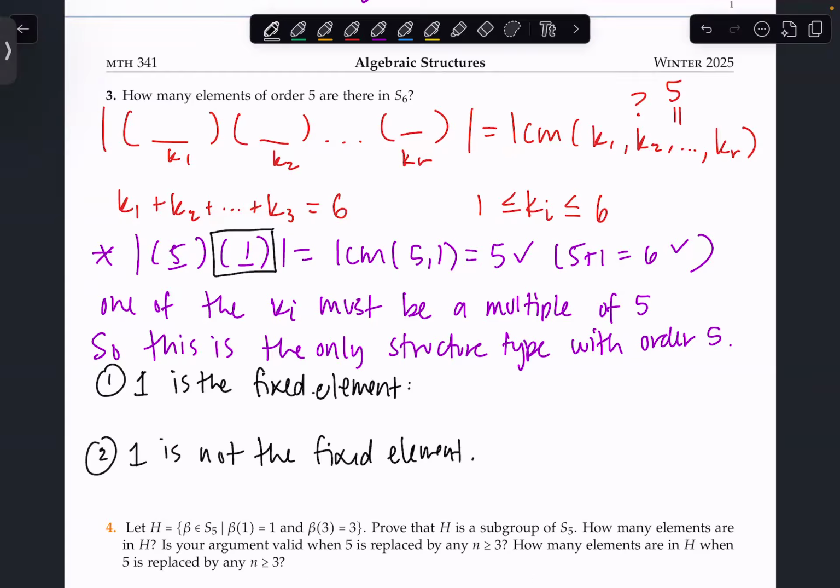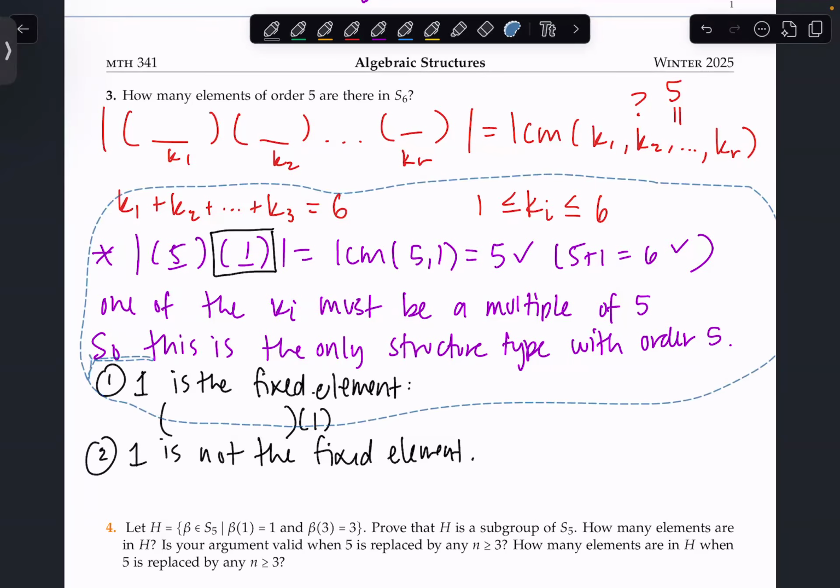Let's look at the first one. Here I know exactly what the 1 cycle is: a cycle that sets 1 to itself. Now I need to decide what the rest of this does. I'm slowly running out of space here.